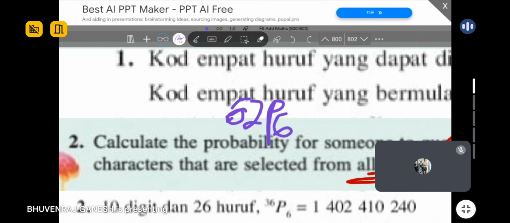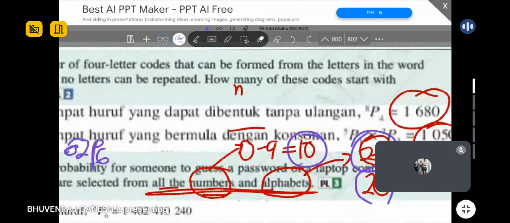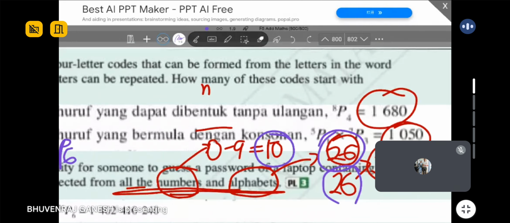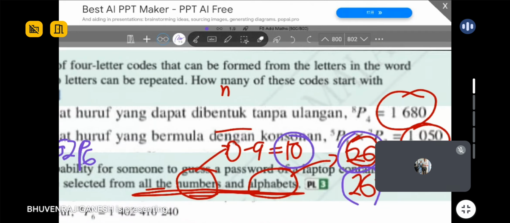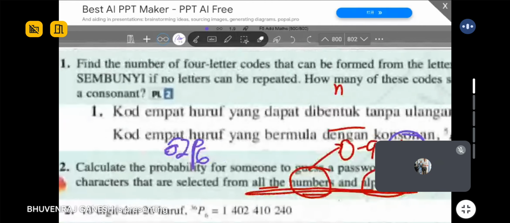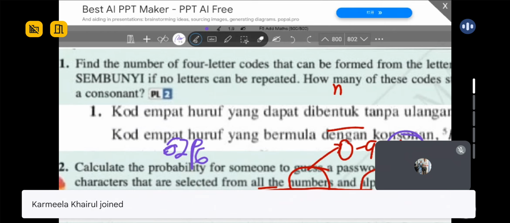Dalam konteks soalan ni lah. Because the question never actually specify to all of you, whether it must be, what to say, uppercase or lowercase. They never tell you. Mereka tak bagi tahu kena huruf besar atau huruf kecil. Okay, so means that I think this question a bit low quality lah. Quality dia tak sangat bagus.